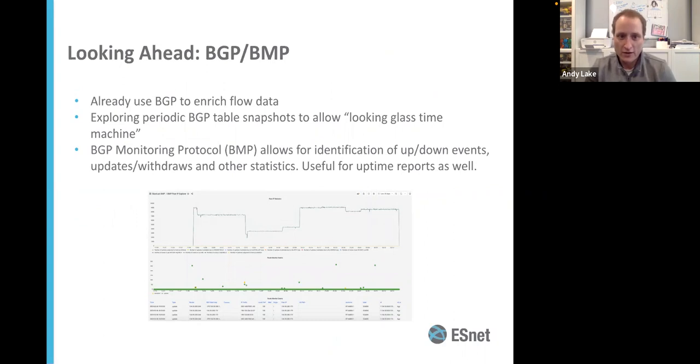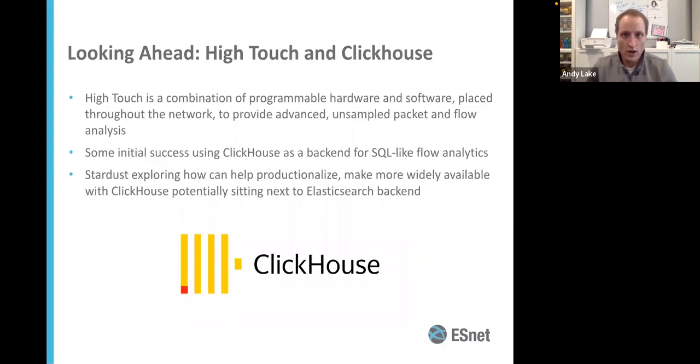The other thing we're looking at is the BGP monitoring protocol, or BMP. It has a bunch of useful information about up-down events, when update and withdrawal messages come in, and a bunch of statistics about the RIBs. We're looking at storing that, and there are some uptime report use cases that we think it would help with.